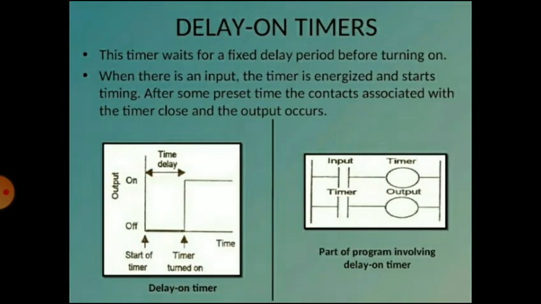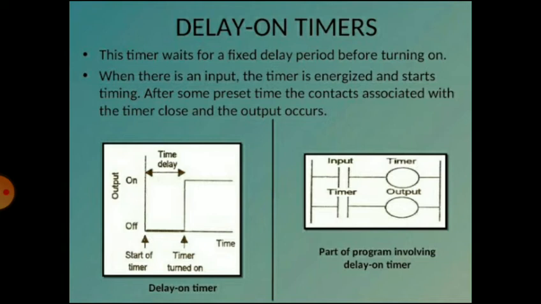Now the delay on timers, or on delay timers. This timer waits for a fixed delay period before turning on. When there is an input, the timer is energized and starts timing. After some preset time, the contacts associated with the timer close and then output occurs.